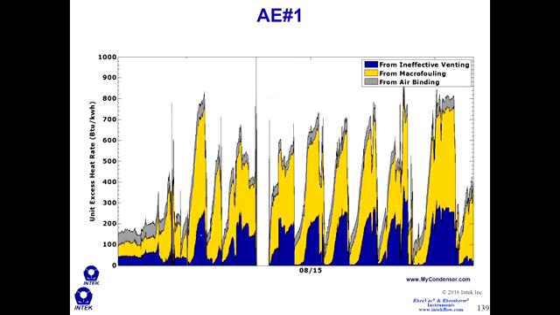And so this plot, using all the techniques and relationships that I've shown before, we calculated the total unit excess heat rate, and we're able to calculate the individual excess unit heat rate from macrofouling, air binding, and ineffective venting.